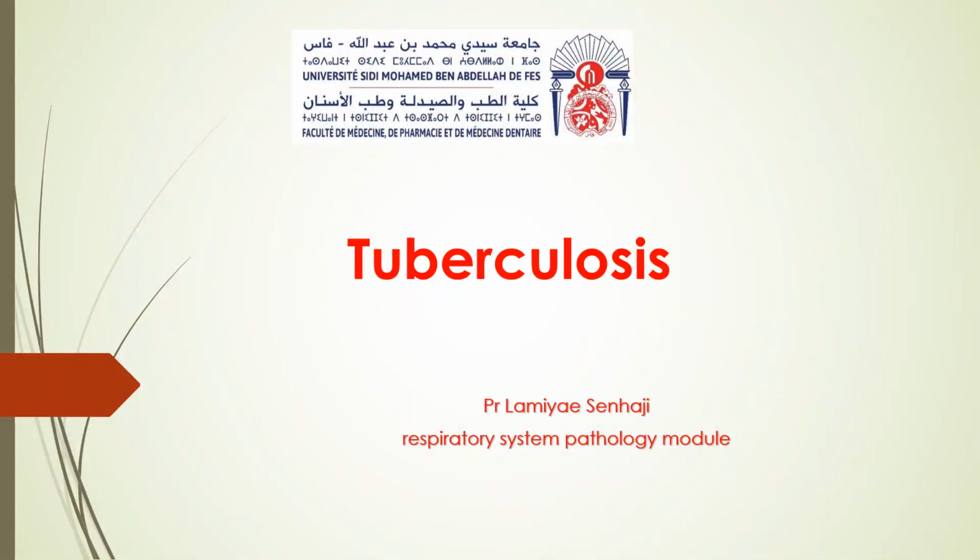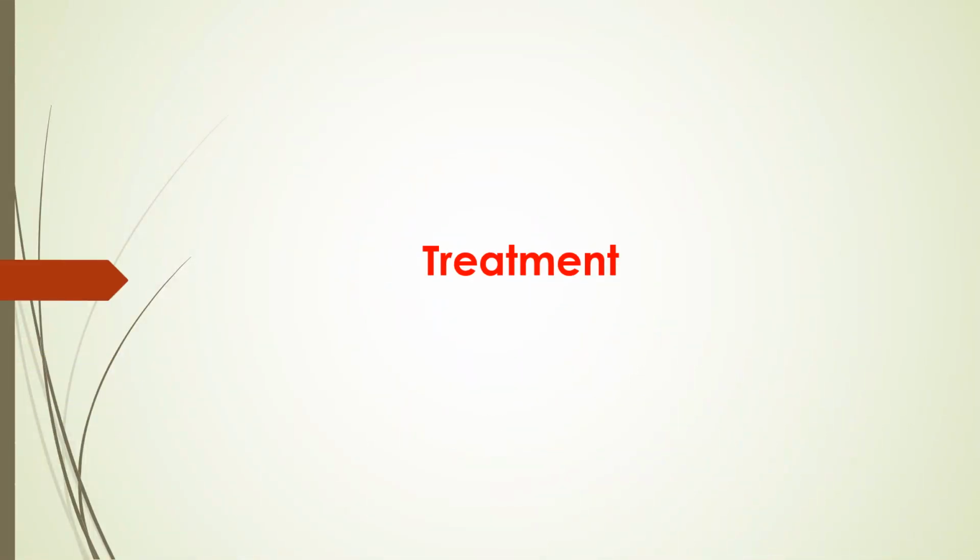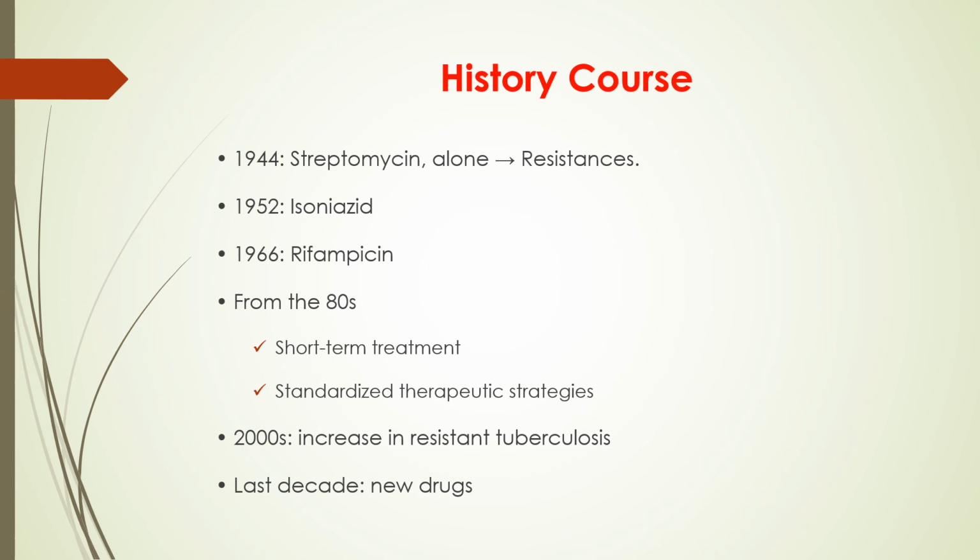Now we are going to talk about the treatment of tuberculosis. But first, let's see a little bit of history. In 1944, the first antibacillary treatment, streptomycin, was discovered, but it was given alone, which was responsible for resistance.